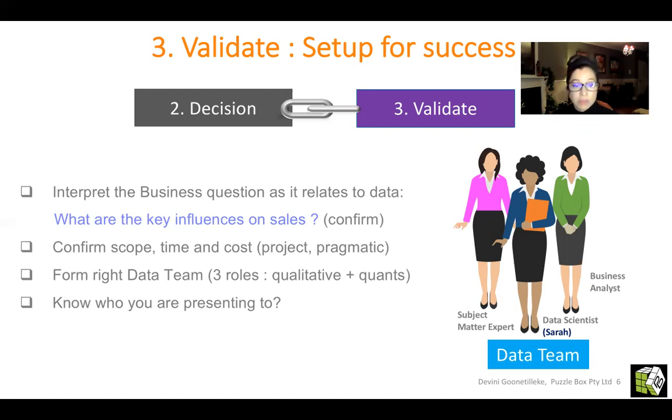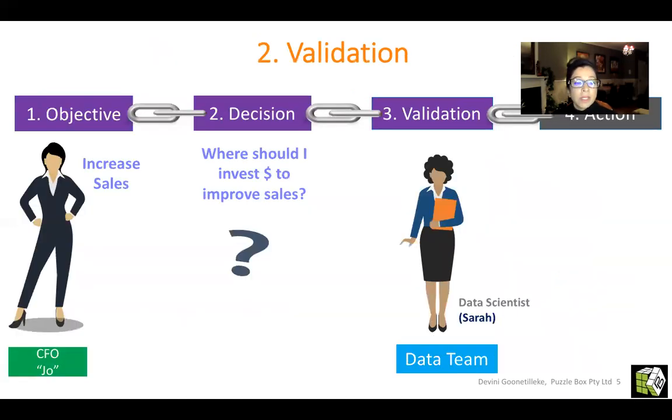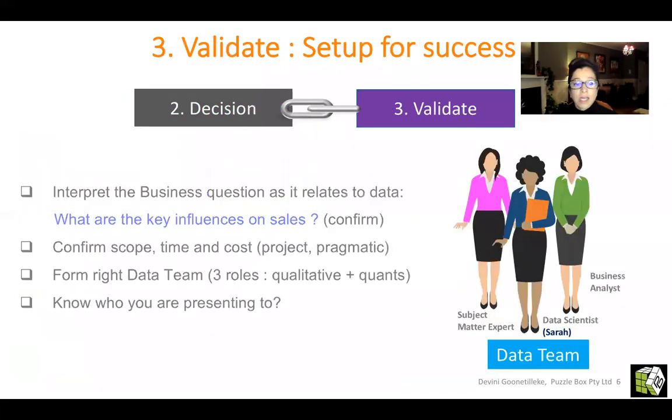When we looked at the business question earlier, Joe had said, where should I invest money to improve sales? That's quite limited in scope for what the data team would be looking at. So the data team have to talk to Joe and ask, what is the real data question? The real data question at this point is, what are the key influences on sales?